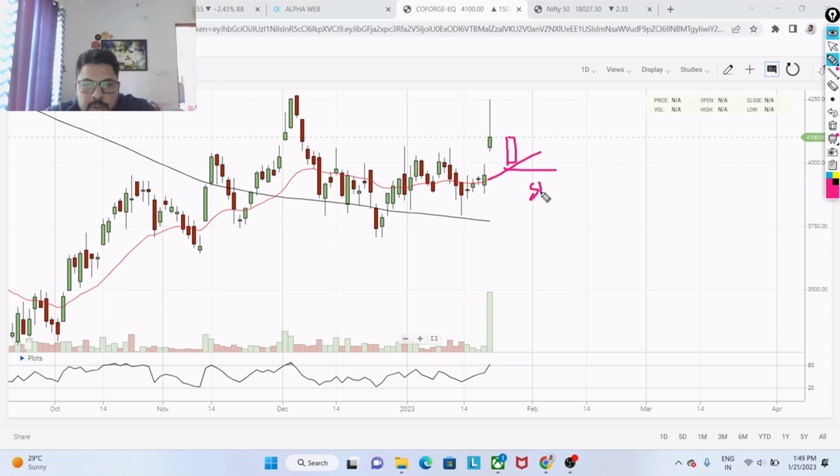So this will be a stop loss, this will be an entry, right? Here for the target, we can apply our supertrend and continue to trail the profit as long as it goes. So that's not a problem, but this looks promising looking at the volume, open interest, and the price change. So there is something which is happening on Coforge.